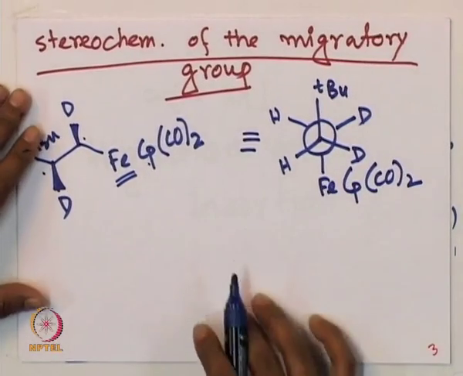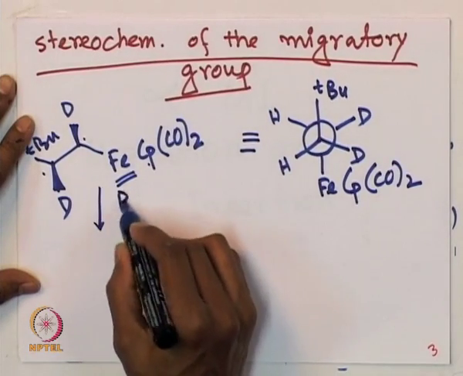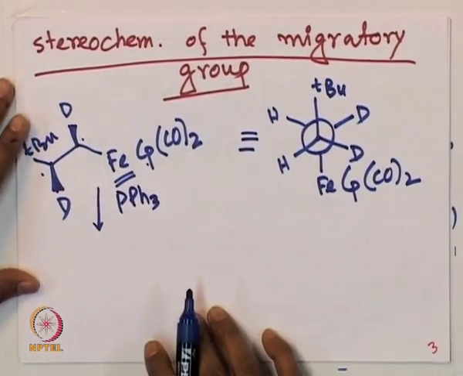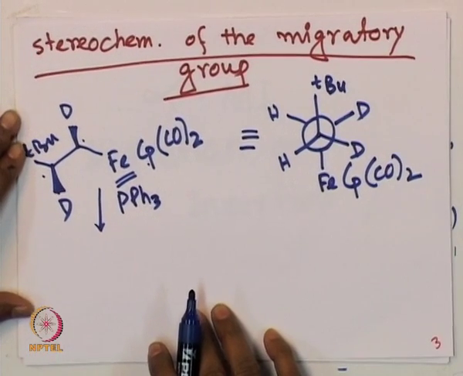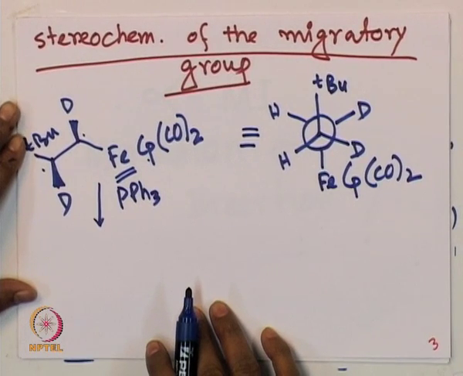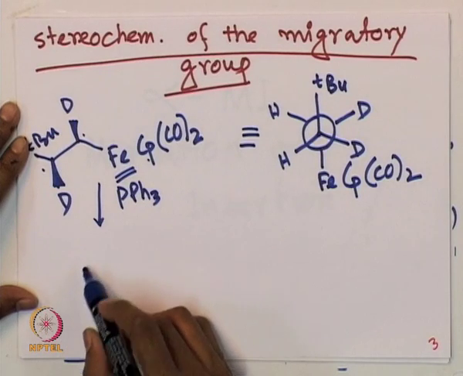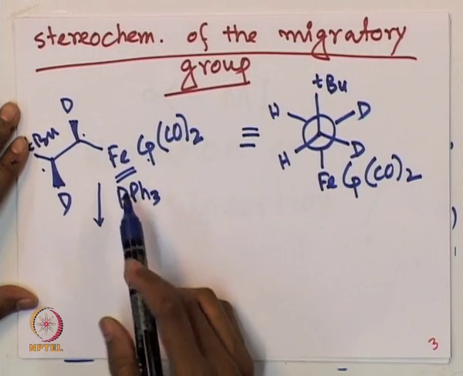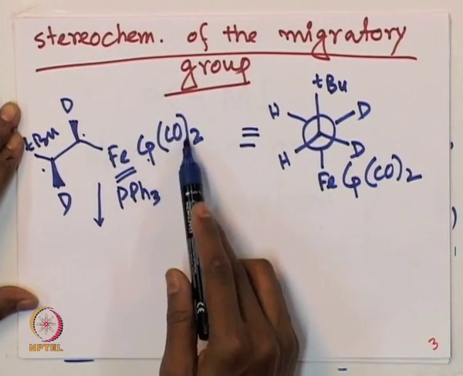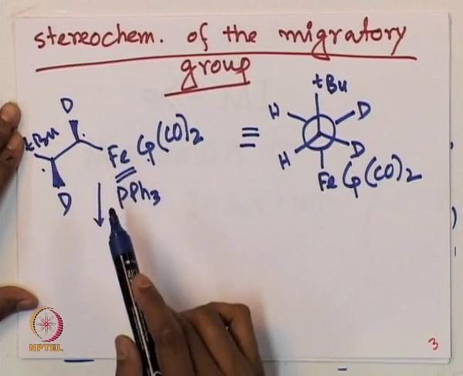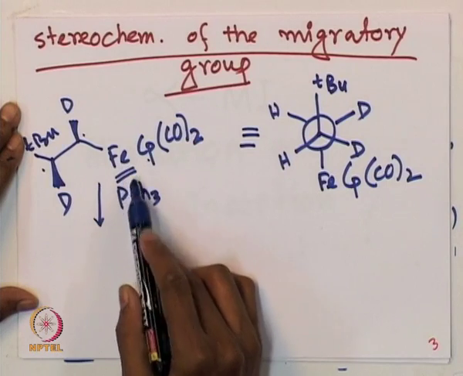Anyway, if you react this in the presence of triphenyl phosphine, then 2 product formations are likely. What are those 2 products? The alkyl group will migrate to CO, and triphenyl phosphine will come and coordinate with iron. We are not going to write down all the ligands on iron.